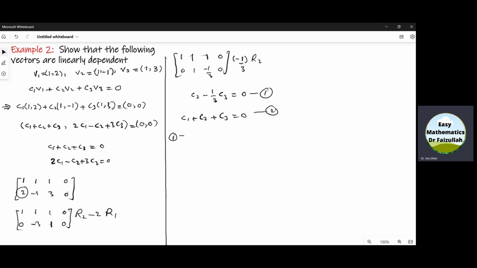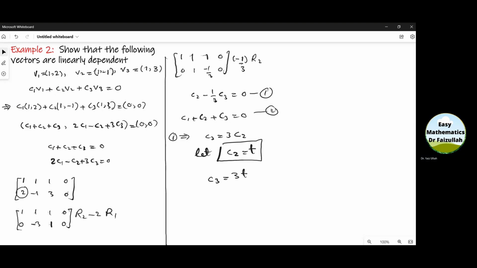Now from 1 we can obtain that C3 is equal to 3C2. So here we let C2 equal to some non-zero real number t. Then C3 becomes equal to 3t.